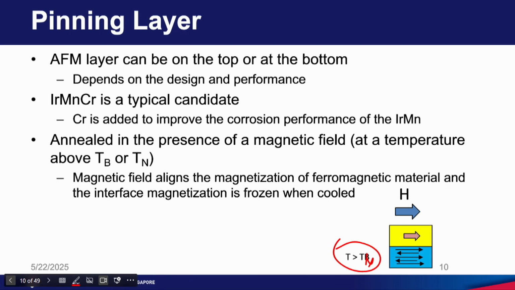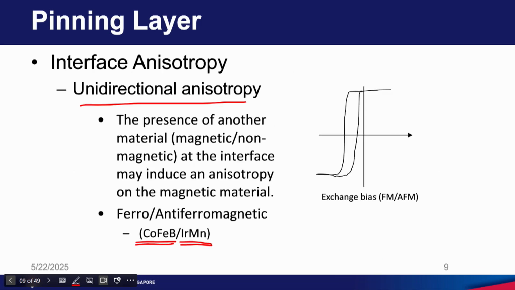Then after we cool down, we will have unidirectional anisotropy, which means the magnetization will always be at one particular direction in the absence of any magnetic field. If you apply a high magnetic field, you may be able to switch, but once you remove the magnetic field, you will always end up here. So, this is the concept we used in the GMR sensor, and we use the same concept in plane MRAM also.